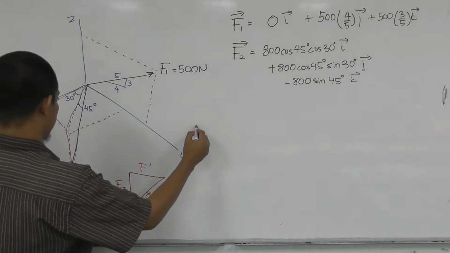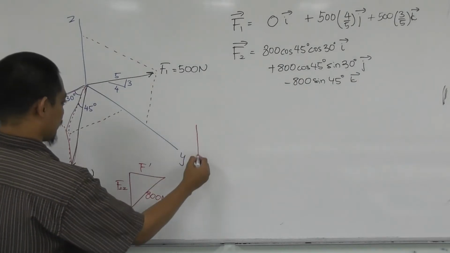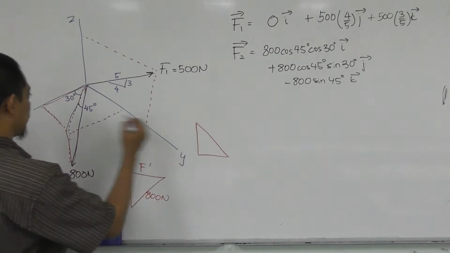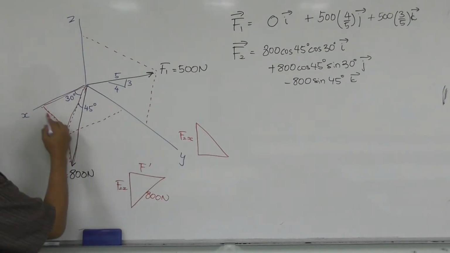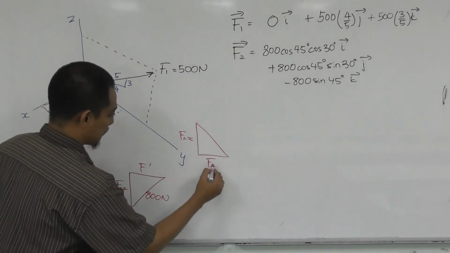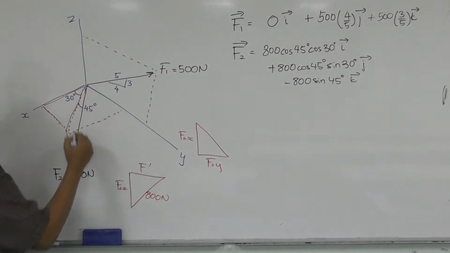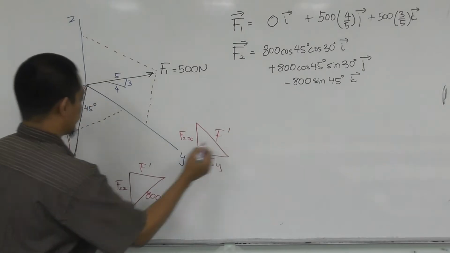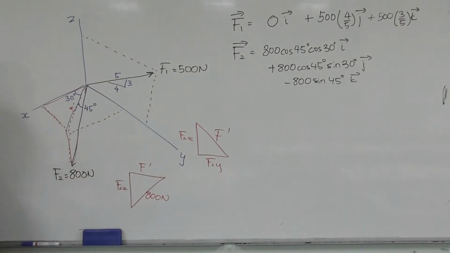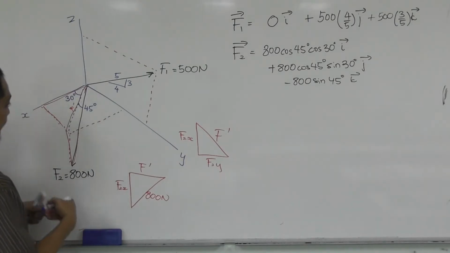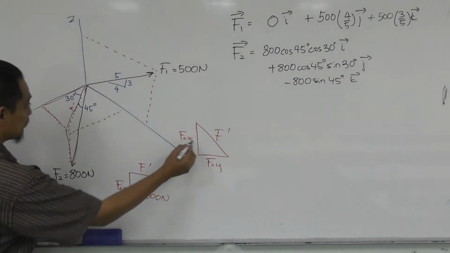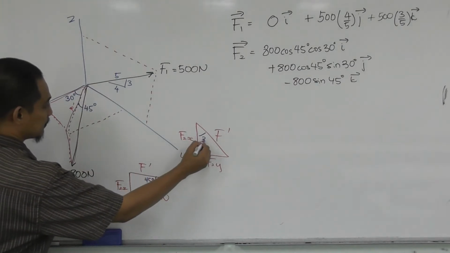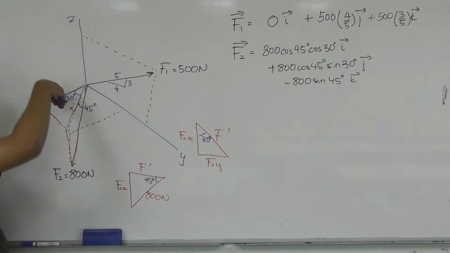And then for this triangle here, I put it here. If you look from top, it will be something like this, where this one is F2x, this one is F2y, and this one is obviously F prime, that we have labeled F prime, right? So from here, F2z becomes, okay, what is the angle? This one is 45 degrees, this one is 30 degrees, looking from top, right?